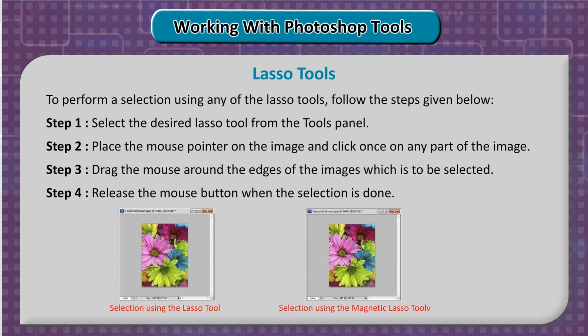Select the desired lasso tool from the Tools panel. Step 2. Place the mouse pointer on the image and click once on any part of the image. Step 3. Drag the mouse around the edges of the image which is to be selected. Step 4. Release the mouse button when the selection is done. Selection using the lasso tool. Selection using the magnetic lasso tool.